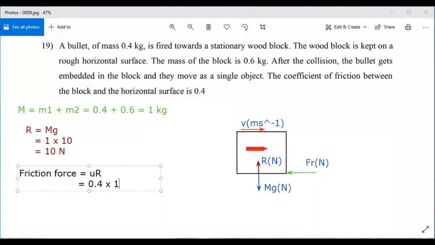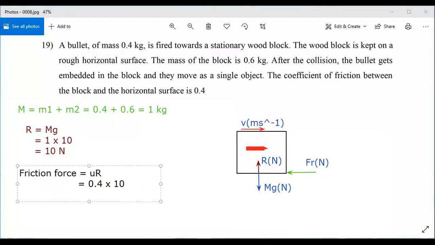The value of R is found as 10. Then what is the friction force here? What's the friction force, Lamai? 4 Newtons, sir. Very good. 0.4 multiplied by 10, that is 4 Newton. Okay, so we have found the friction force also.